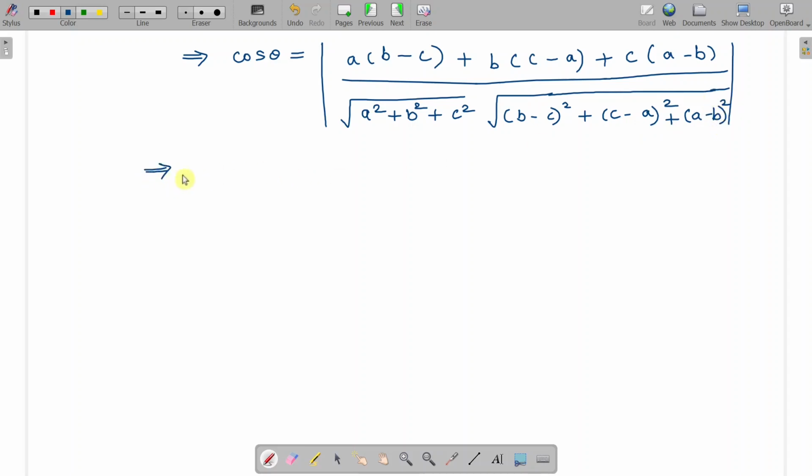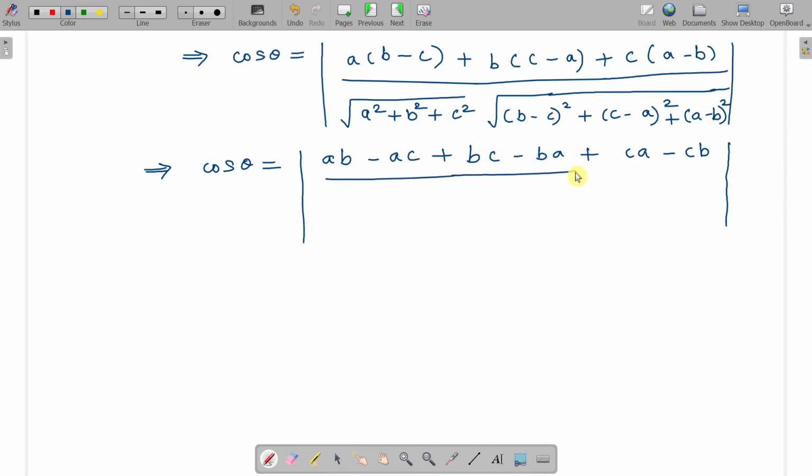So this implies cos theta is equal to modulus of, now let us multiply this, so that is AB minus AC plus B multiplied by this, so BC minus BA, plus C multiplied to this bracket, so CA minus CB, and the denominator we will keep as it is.